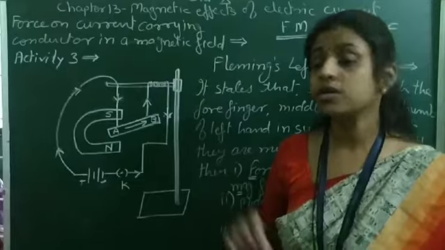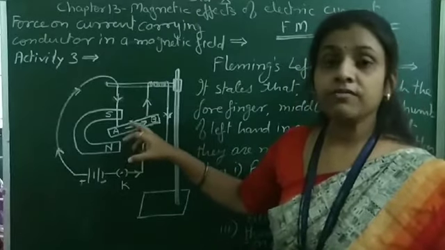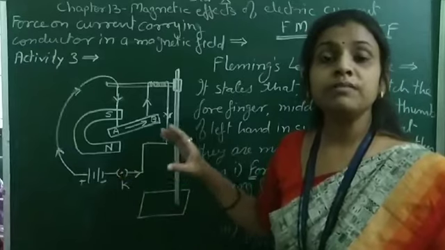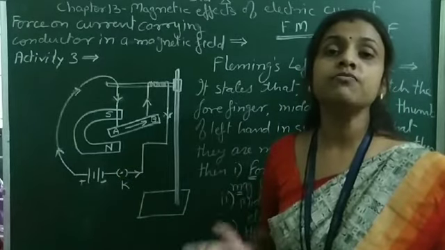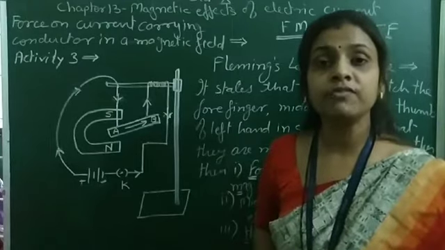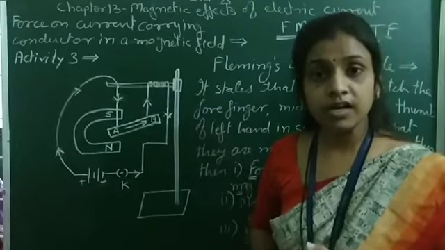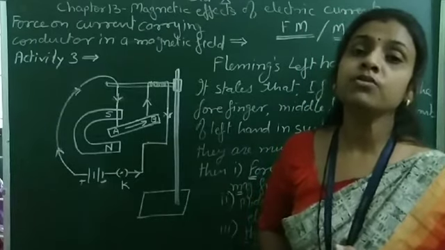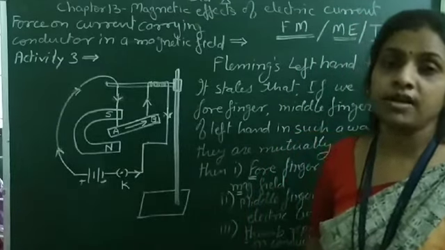So that is important. Whenever the current carrying conductor is placed in a magnetic field, then the magnetic field exerts force on that conductor, and the direction of magnetic field, direction of electric current, and the direction of force are given by a simple rule that is called the Fleming left hand rule.